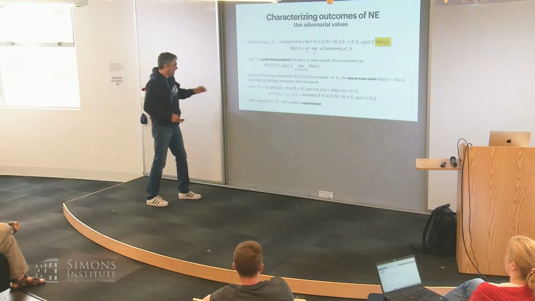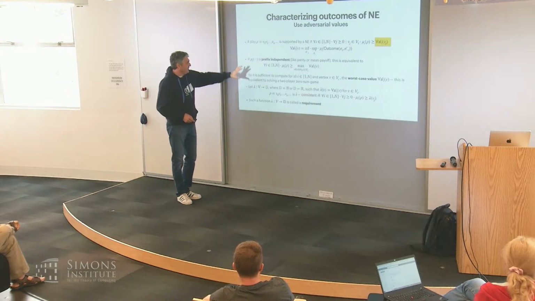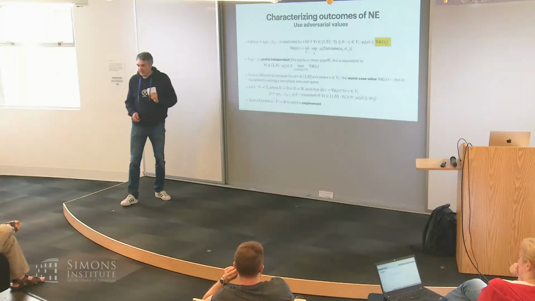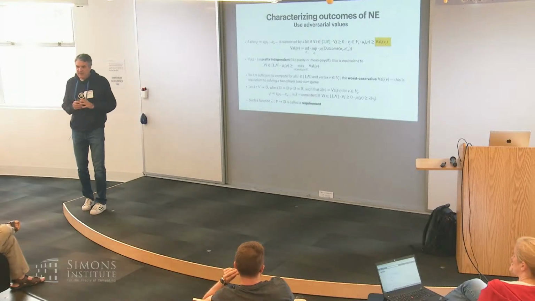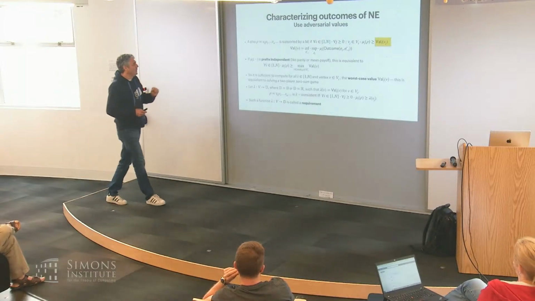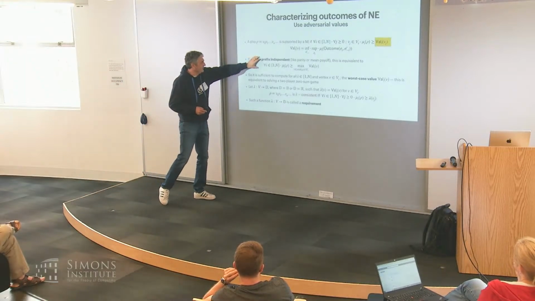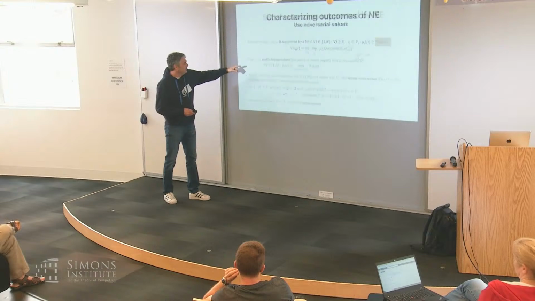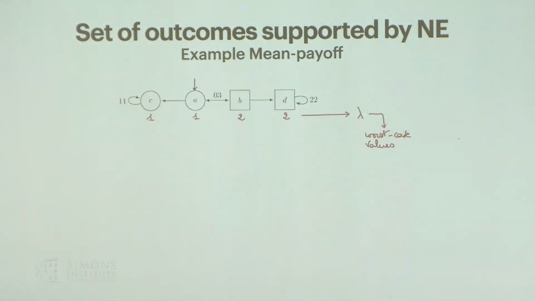Okay, so at some point, what I will do is consider only prefix independent objectives, because it will simplify matters. But we can always go to this case with some classical transformation. So now, maybe I should take an example. I will compute this worst case value.